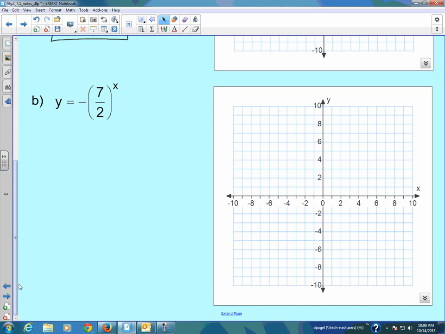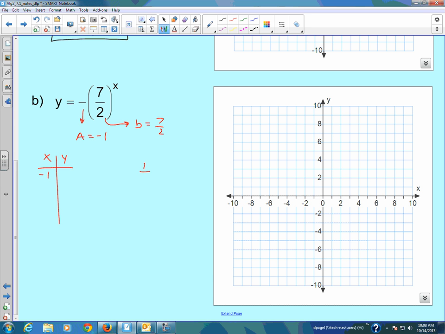And here we introduce ourselves with a negative in front. So again, this tells me that my A value is -1. Once again, B, this time fractional. All right. Still bigger than 1, so I still have growth going on. -1. Now, 1 over B in this case.